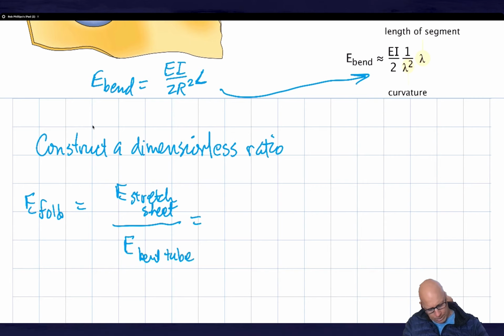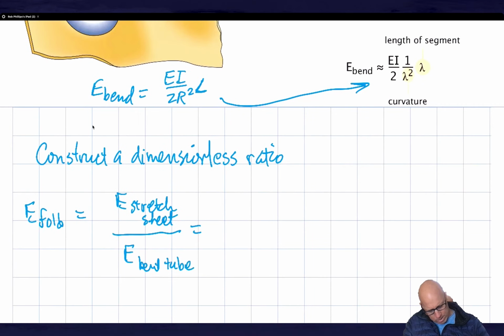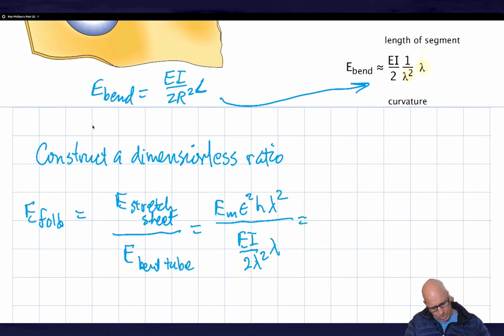And so I can write that as EM times epsilon squared times H times lambda squared, divided by EI over 2 lambda squared times lambda. If I do the relevant messing around, this leaves me with EM epsilon squared H divided by EI, all times lambda cubed. And I want this to be equal to 1.